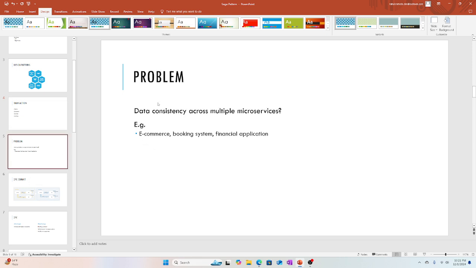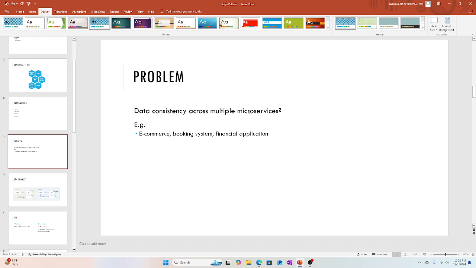And there is a problem in a microservices architecture, where we have multiple microservices. In a single database we can ensure the ACID properties, as the database already obeys them.